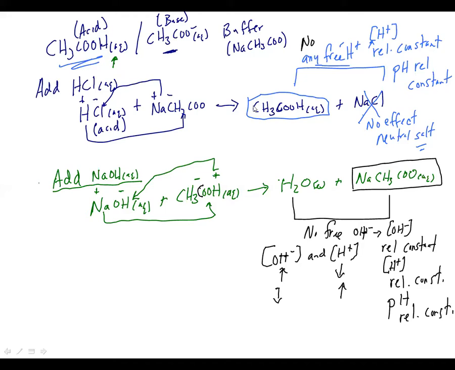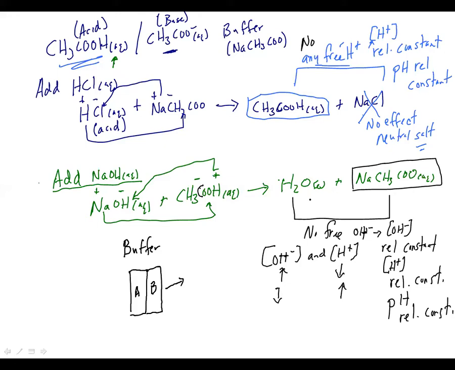Now, essentially, when you have a buffer, a lot of times you will start with the acid part and the base part kind of equal to each other, so that when you add more acid to the buffer, it will use up some of the base, but make some of the acid part.